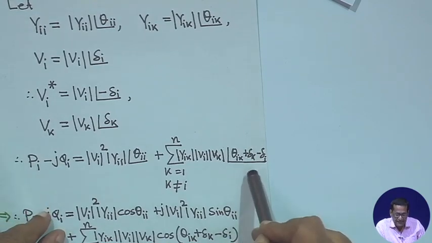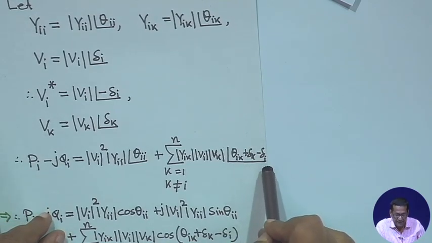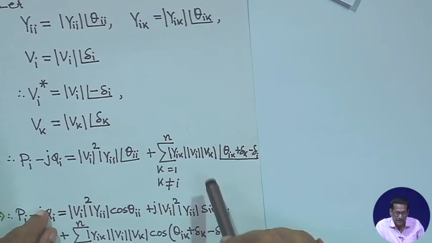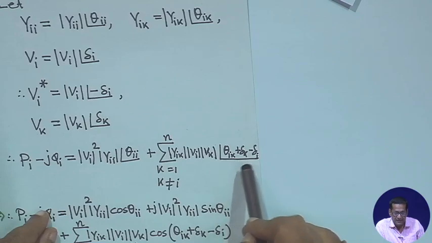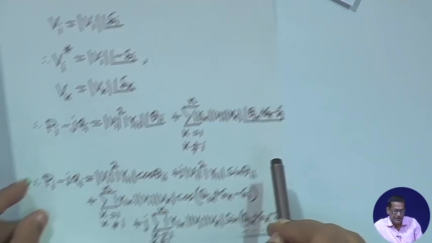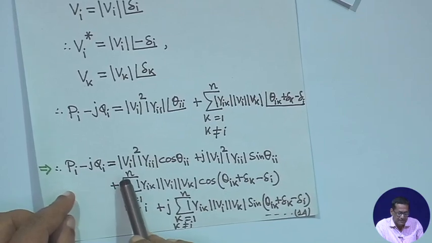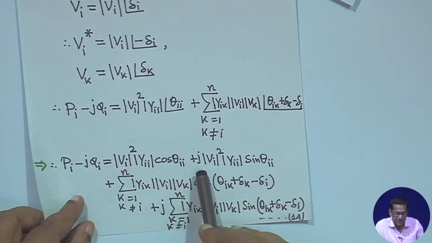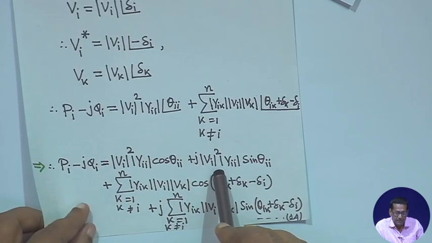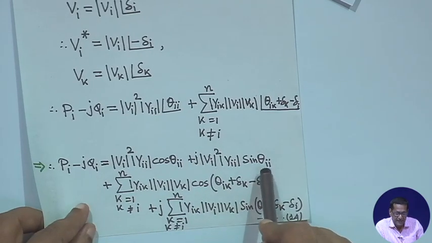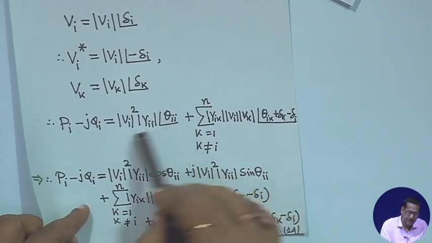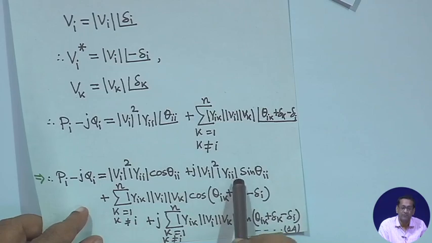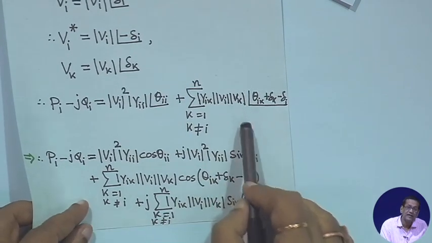Now this angle theta_ik plus delta_k minus delta_i, you write as cosine of theta_ik plus delta_k minus delta_i plus j sine of theta_ik plus delta_k minus delta_i. So you will get P_i minus jQ_i equal to magnitude V_i squared Y_ii cosine theta_ii plus j magnitude V_i squared Y_ii sine theta_ii. This is the first term, these two terms, and the second term also has one real and one complex part.